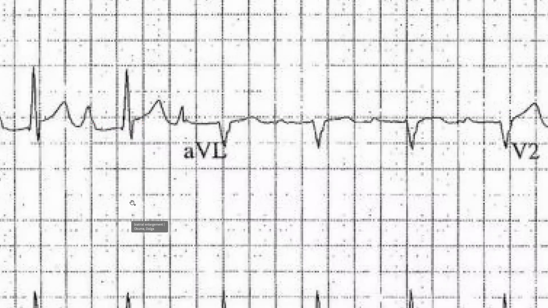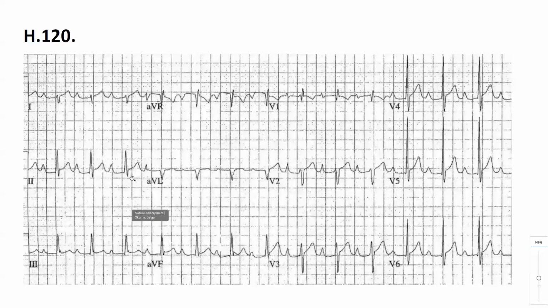So so far we have a right atrial enlargement, hypertrophy. After that we have a PR interval elongation, which means a first degree AV block, because the P waves are followed by a QRS complex all the time. Is the QRS wide? No, it's narrow. Okay, good.